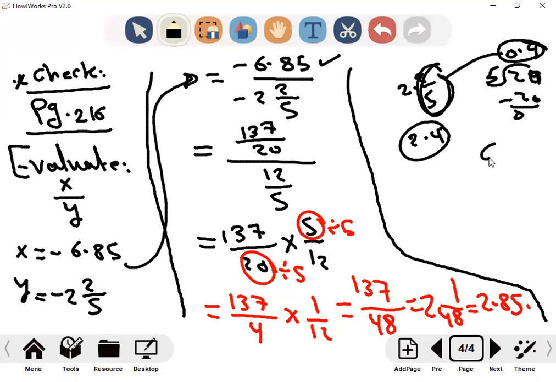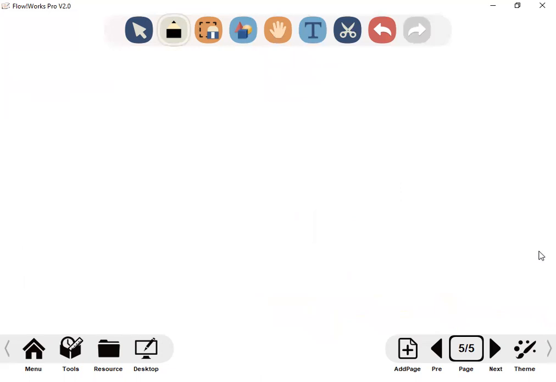So up will be 6.85. Down will be what? 2.4. Now you need to divide, right? To divide two decimals, and we took that in grade 6. We said 6.85 divided by what? 2 point 4. Now we said many times that in the division of decimals, the divisor has no decimal, right?